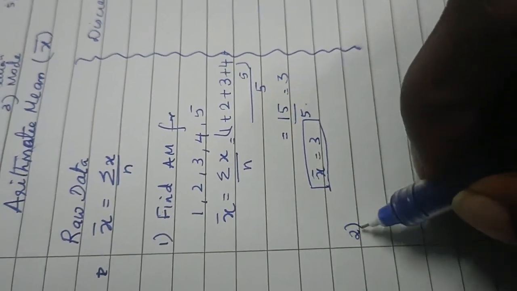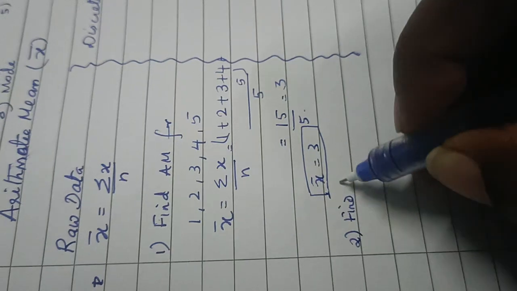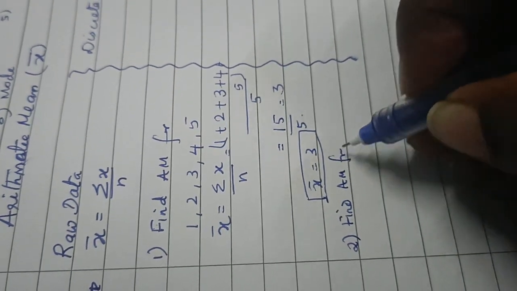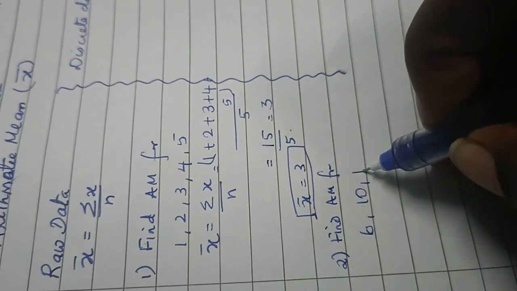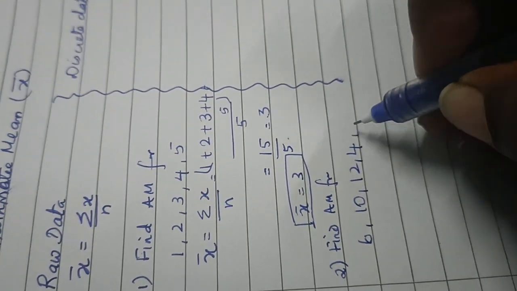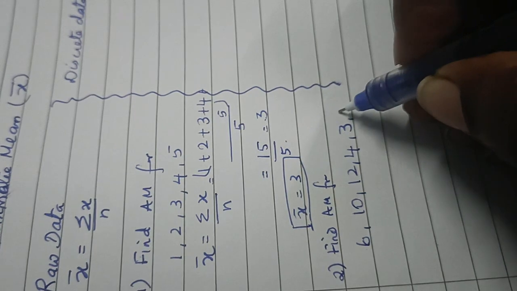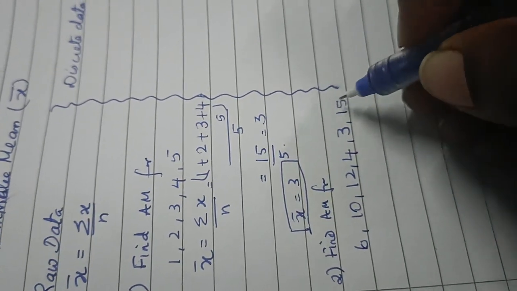Let's check out another question. Find AM for 6, 10, 12, 4, 3, 15.